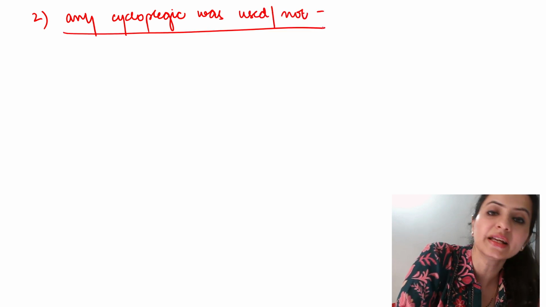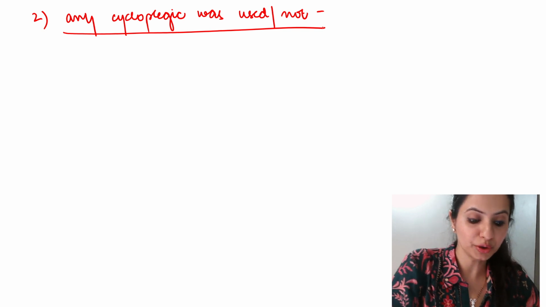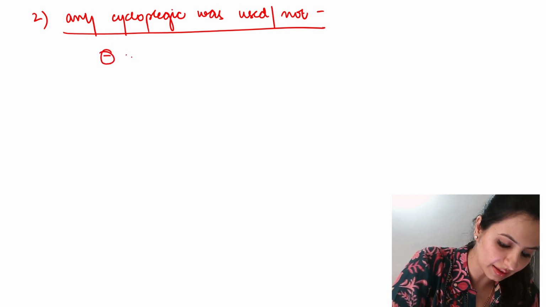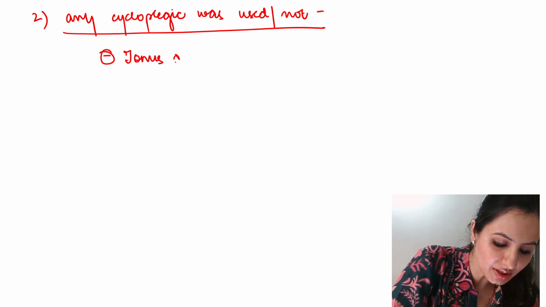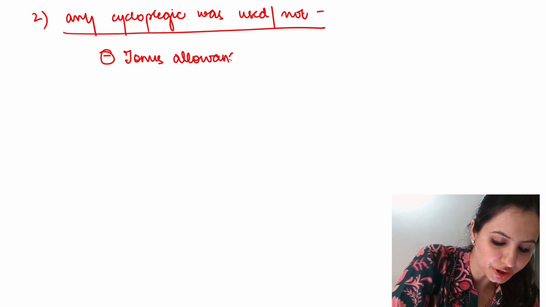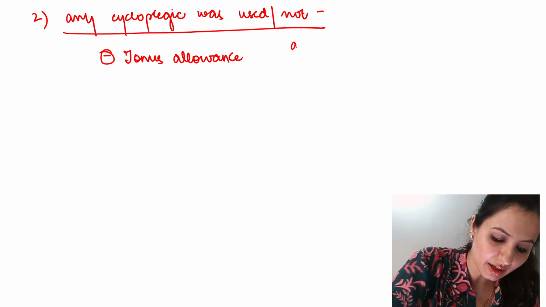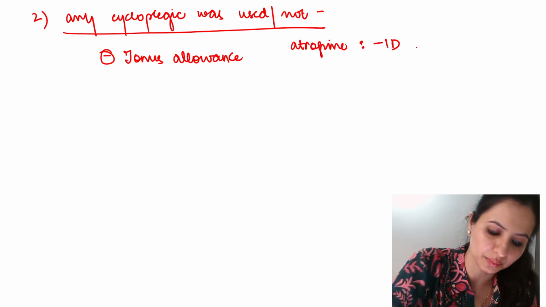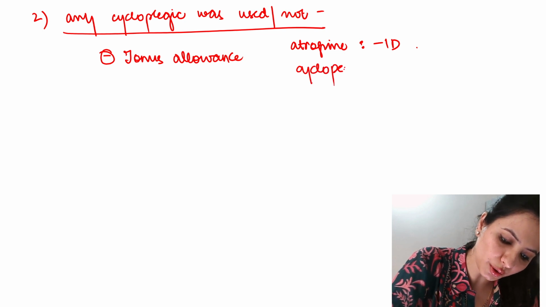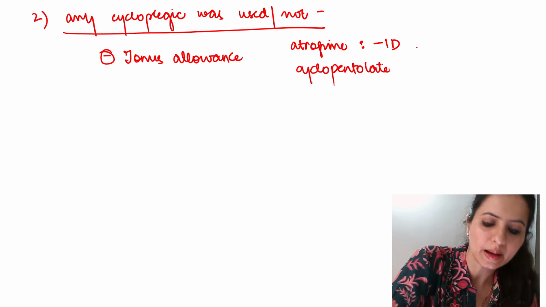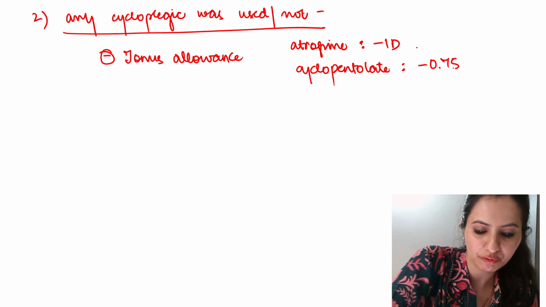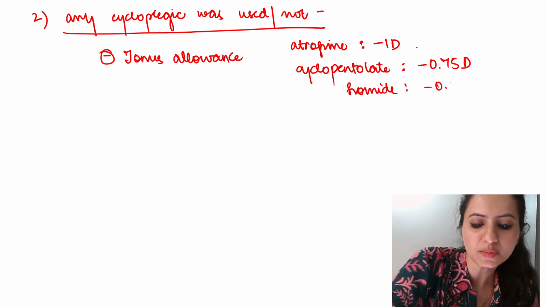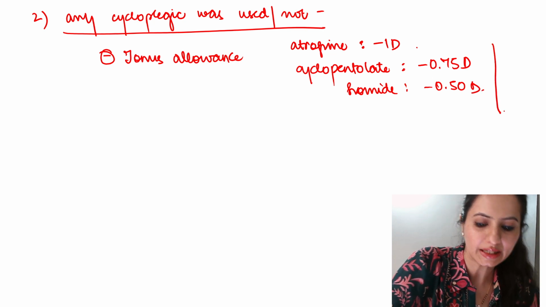So when a cycloplegic is used, then we have to subtract the tonus allowance from the retinoscopic finding, which in case of atropine is minus 1 diopter, cyclopentolate is minus 0.75 diopters, and for homatropine it is minus 0.50 diopters, right?